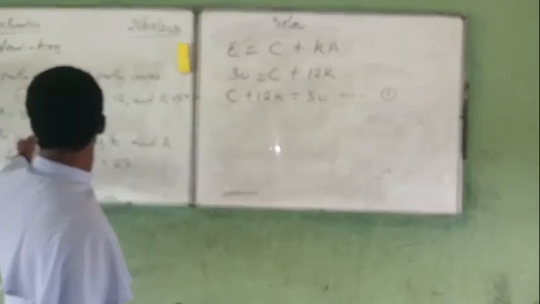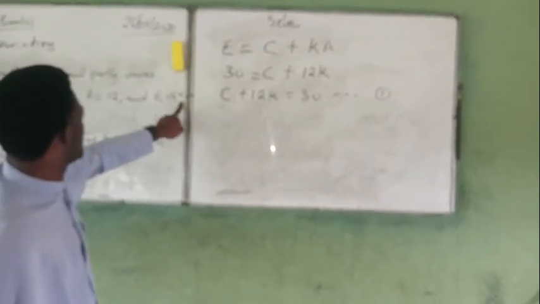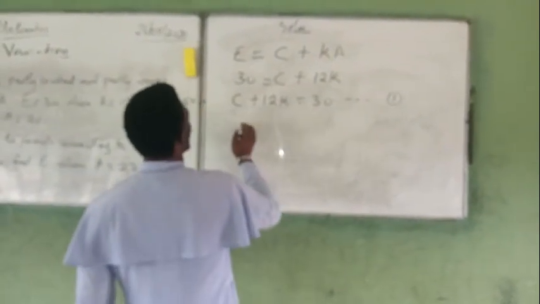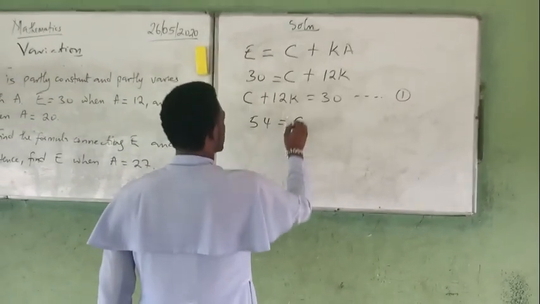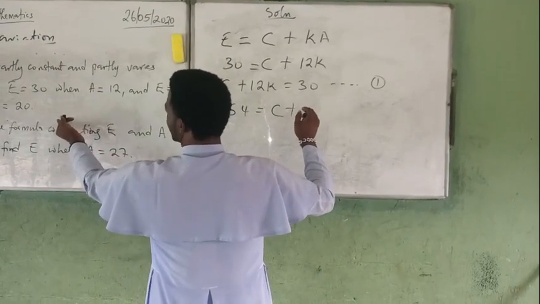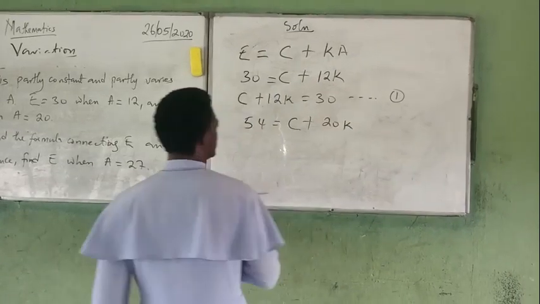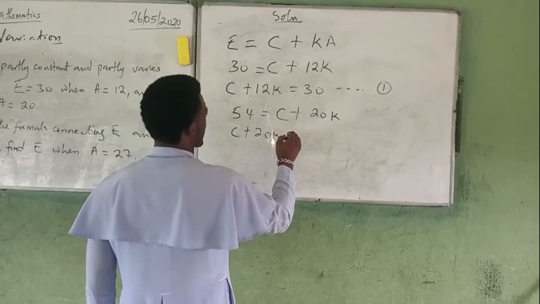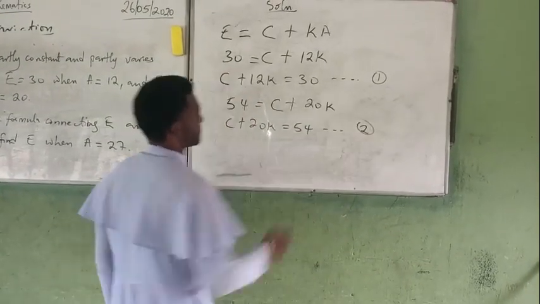Then the second aspect of it is, as we said, E is 54 when A is equal to 20. So we put 54 is equal to C plus 20K, and arranging the equation we have C plus 20K is equal to 54, equation 2.